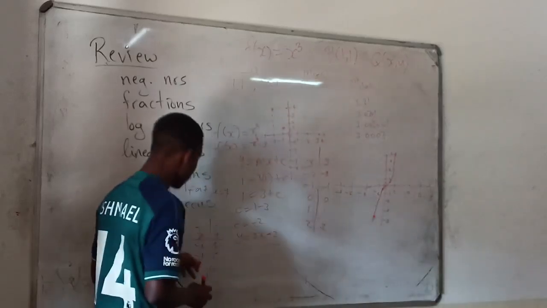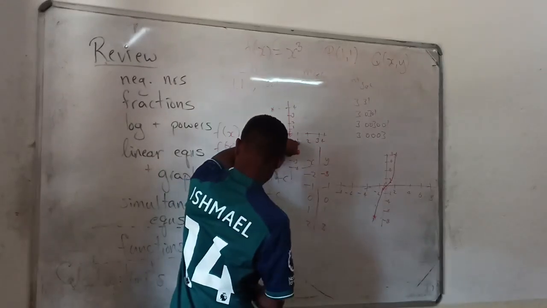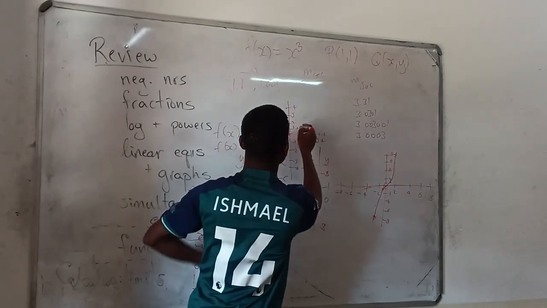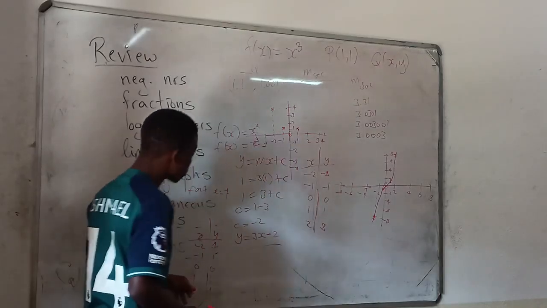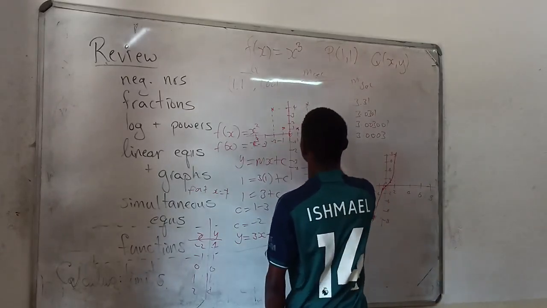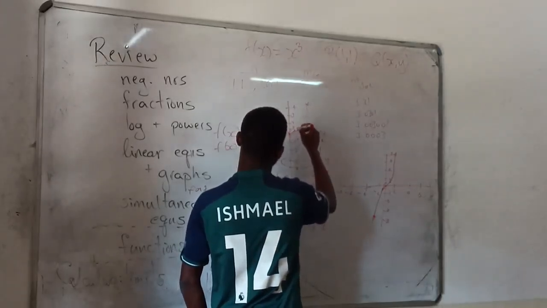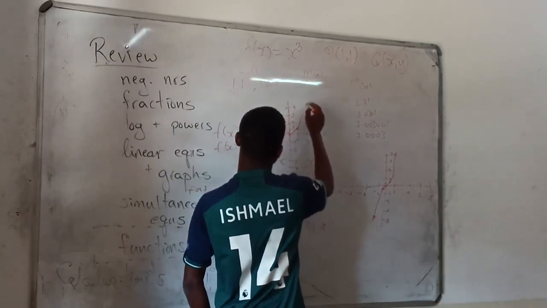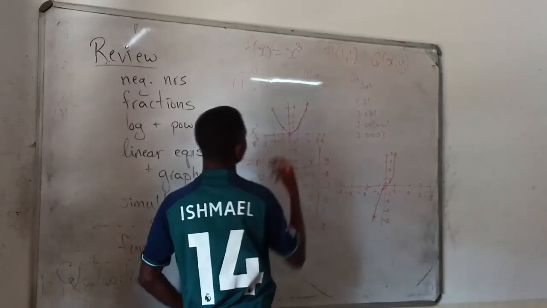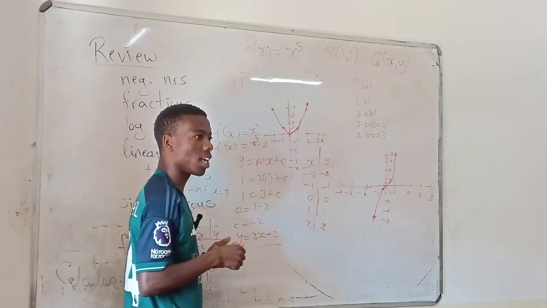Then 0, then 1 and 1 is somewhere here. And the last one is 2 and 4. So as you can see, our graph will go like this. Not too accurate, but I think you can understand.